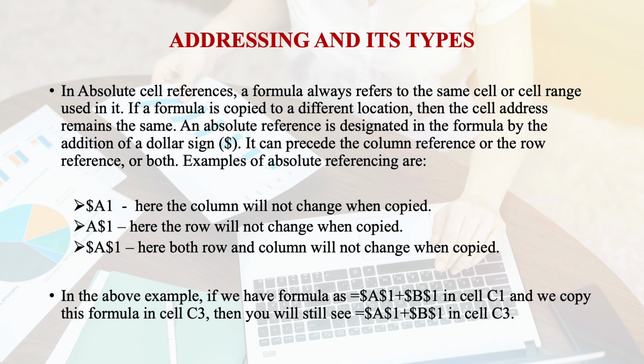But if I don't use the dollar symbol, that is, I am not going for absolute addressing, and I copy the formula C1 equal to A1 plus B1 into multiple cells C2, C3, then the cell reference will automatically change and we will have the results of A2 plus B2 and A3 plus B3. This is relative addressing.